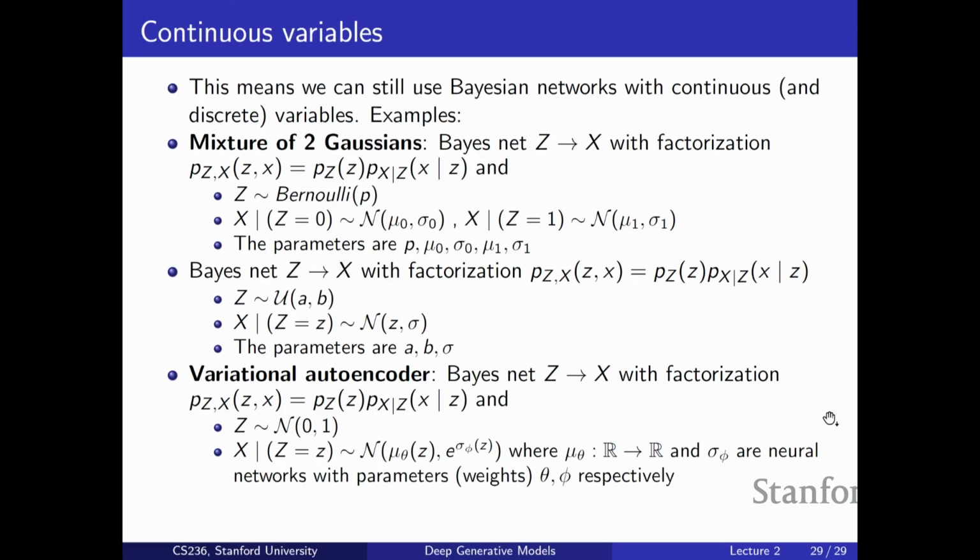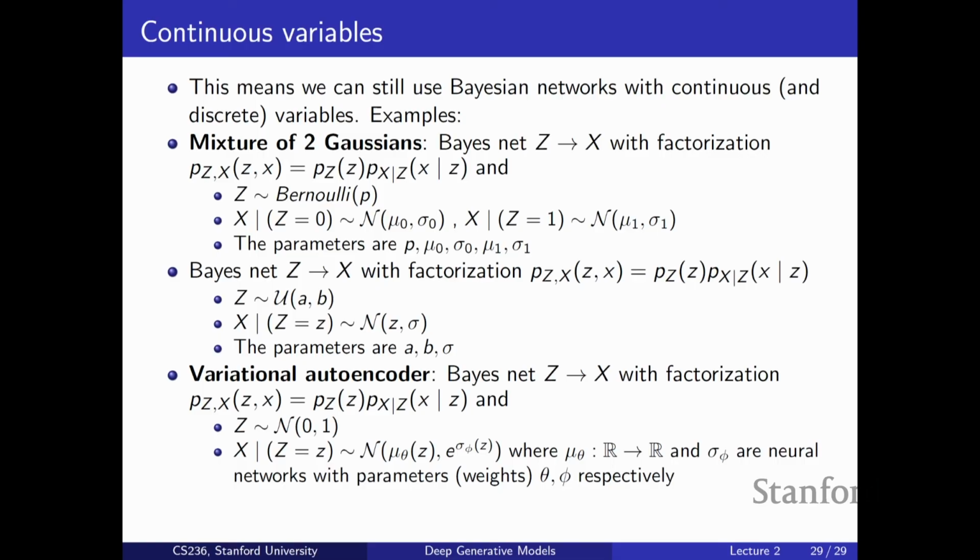And here you see how we are going to mix and match Bayesian networks and neural networks. Given z, x is again a Gaussian distribution, but the mean and the variance of this Gaussian are the outputs of some neural network, or 2 neural networks, mu theta and sigma phi, which depend on z.